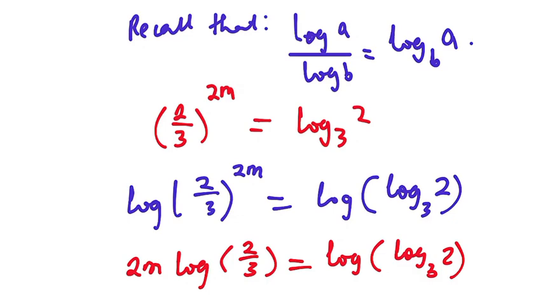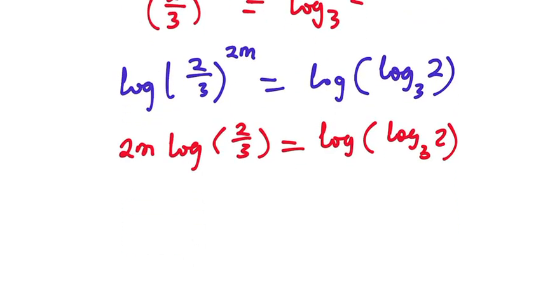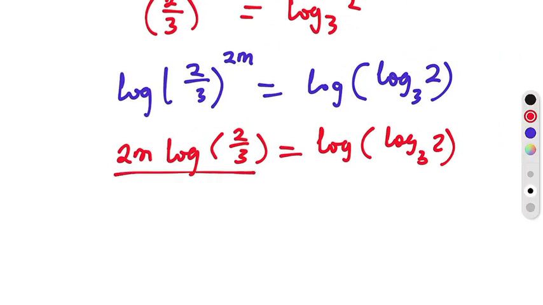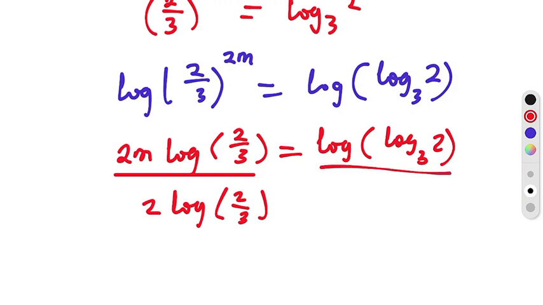Okay, so from there, the next thing we are going to do is divide both sides by 2 log 2 over 3. Divide both sides by 2 log 2 over 3.